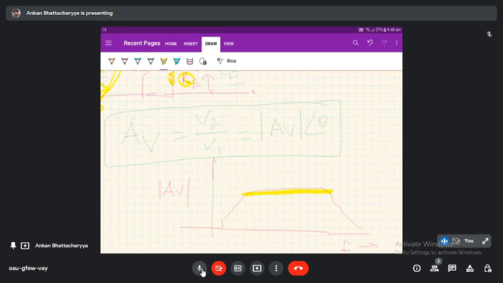And in case of low frequency range, the magnitude of AV decreases and the phase angle increases over 180 degree below the mid frequency range.